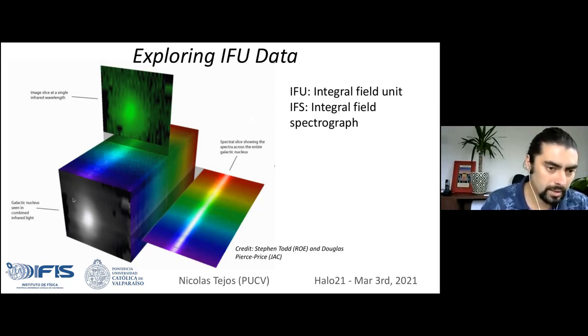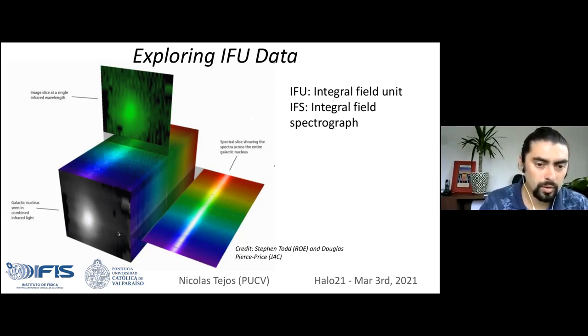So for every single position in the sky within the field of view, you also have a spectrum associated to it. And this is very helpful because, if you have a galaxy like this, you can ask, what does the spectrum of the galaxy look like in this part compared to this part, or compared to the center, or compared to that object here, etc. And you can also extract information in another way.